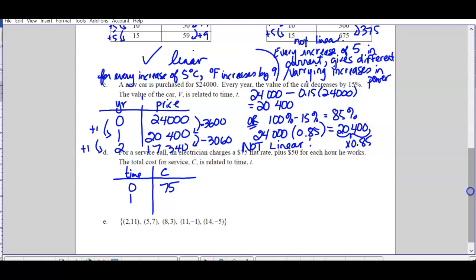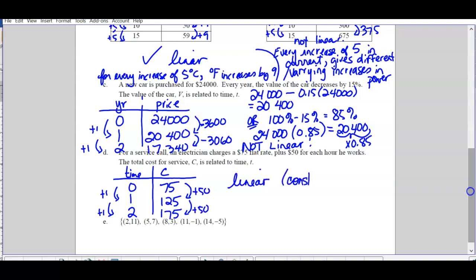For 1 hour, it'll be 75 plus 50, which is 125. For 2 hours, 2 times 50 is 100, that's going to be 175. And so you can see, as you increase by 1, this is increasing by 50 each time for each hour that they stay. So this is linear.